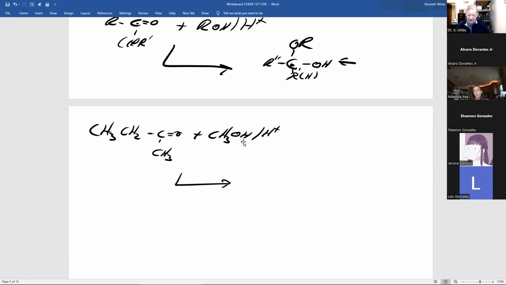Keep your eye on the carbonyl carbon, carbon double bond oxygen. That's where the fun is.